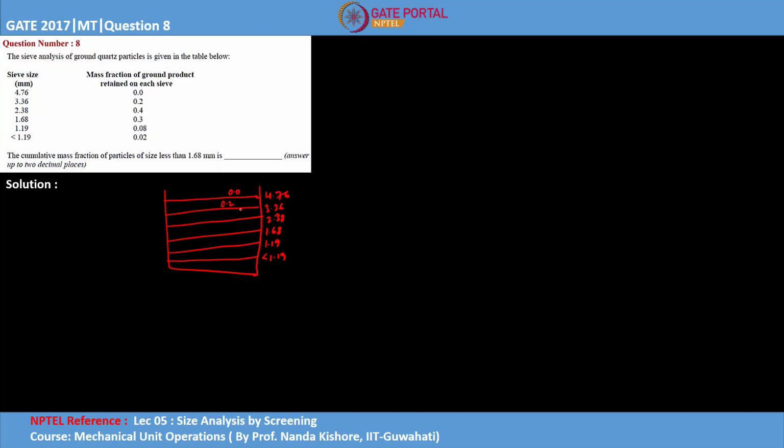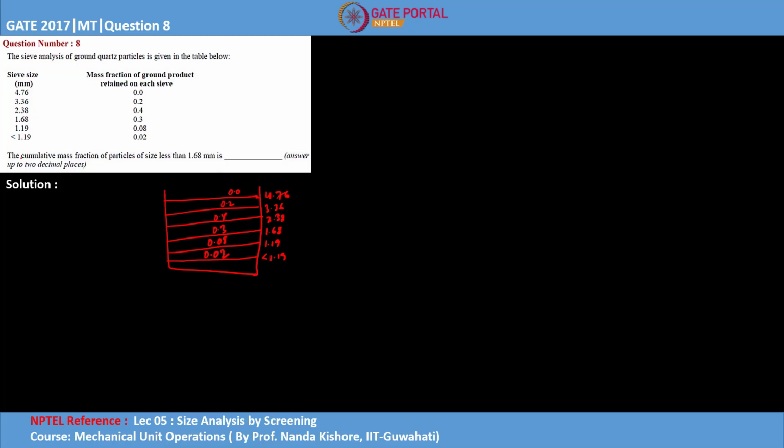If it is smaller than the sieve size, it will pass through to the next mesh. So this one is 0.4, next is 0.3, 0.08 and 0.02. For each sieve size, the amount of retained ground product is given as this fraction.